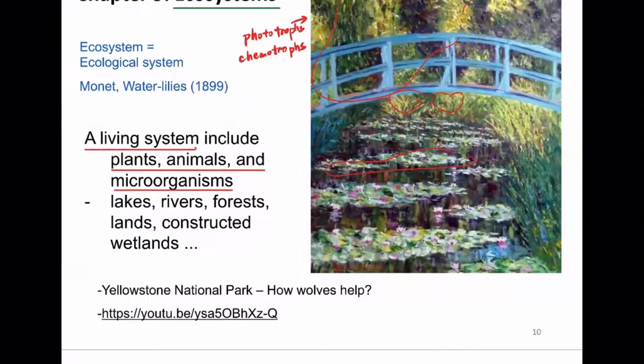Within the chemotrophs, we can also divide these animals into different types. Let's say the herbivores: they mainly rely on the grass or the green plants. There can be carnivores, so they rely on other animals. They feed on other animals.